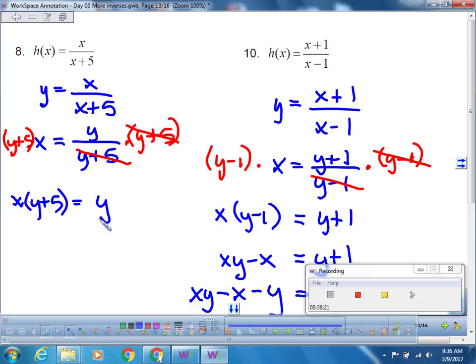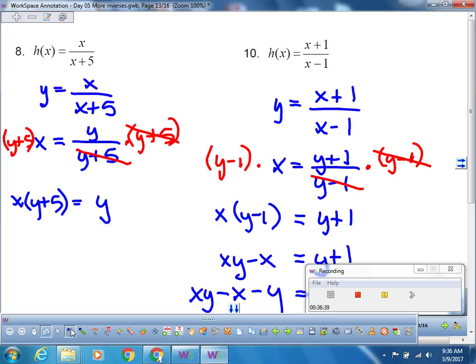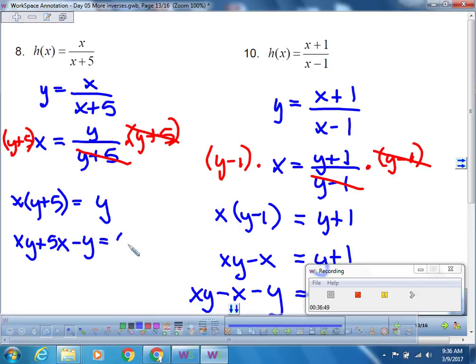So I've got y on this side and a y on this side, and I'm trying to solve for y. So what do I do? I'm going to move it to the other side, right? Okay. I'm also going to distribute this. Okay? So I have xy plus 5x minus y equals nothing on that side now.